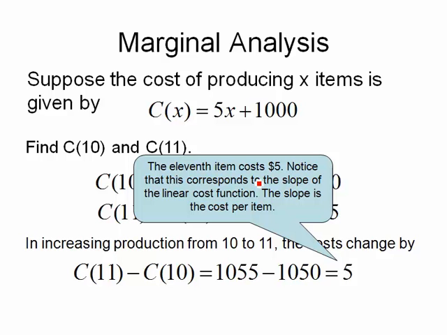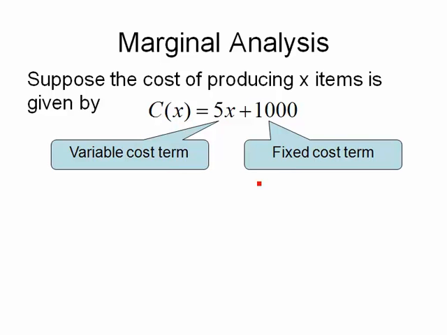This is just the slope of the linear cost function, and that means our slope is the cost per item. So we see that there are really two terms here. The constant term is our fixed cost term. The 5x, because it has an x in it, and as we make x bigger, this amount is going to change. That's our variable cost term.